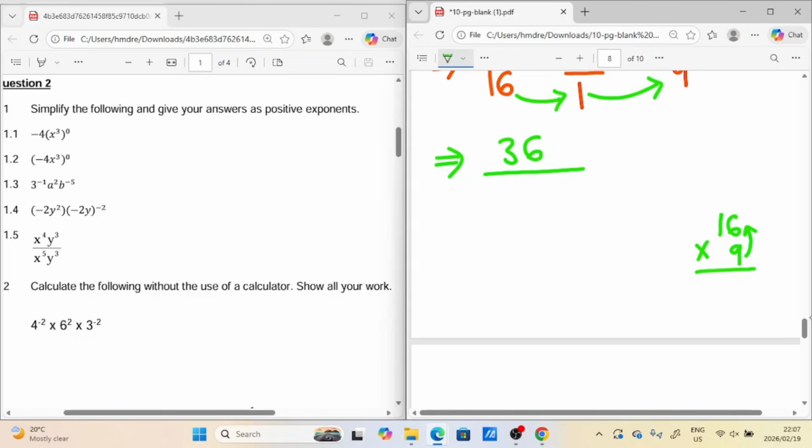So 9 times 6: 9, 18, 27, 36, 45, 54. Nine times 1 is 90. This is going to be 5 and 9, 14. So 144. So we can have 36 over 144.